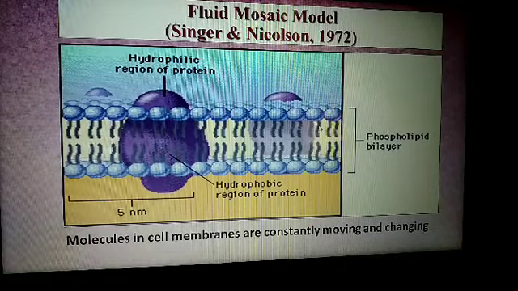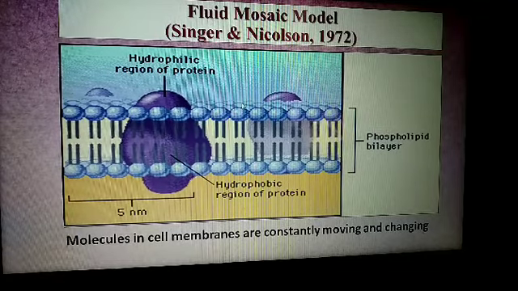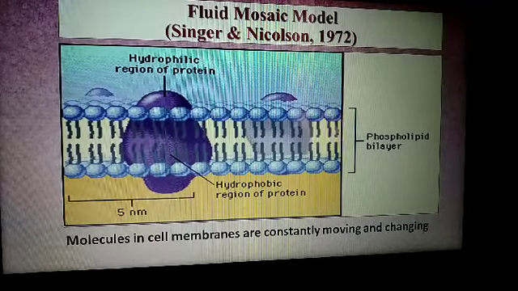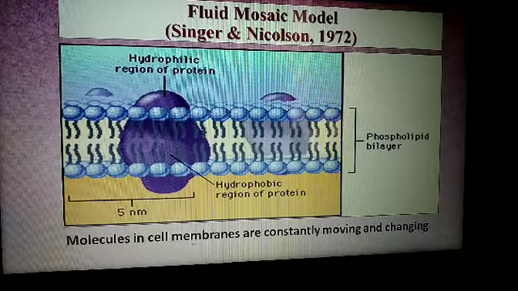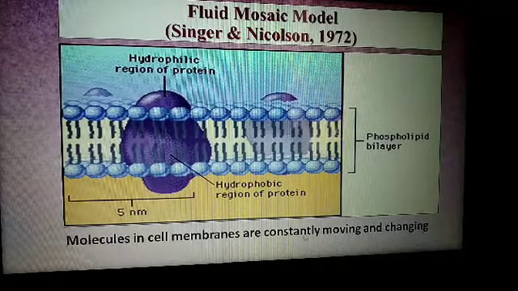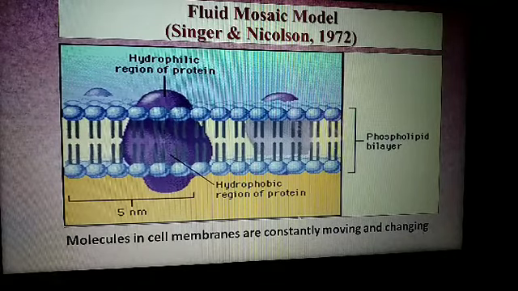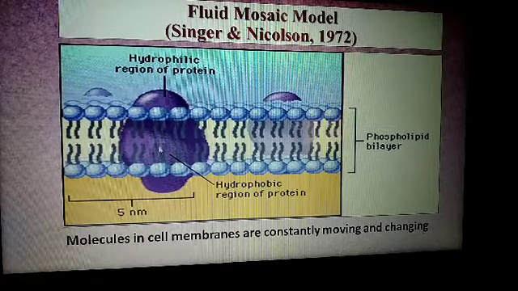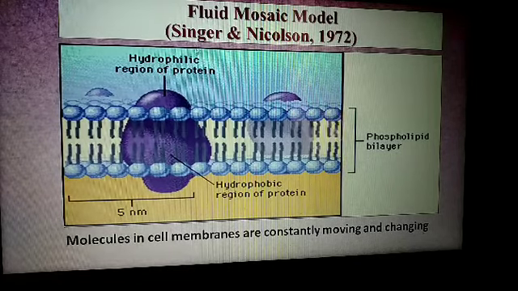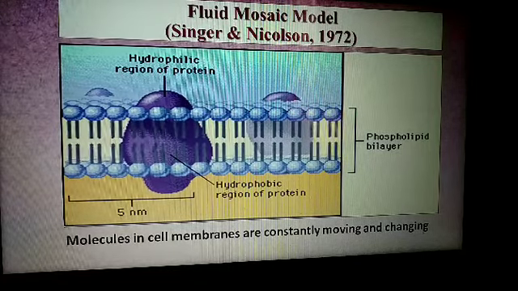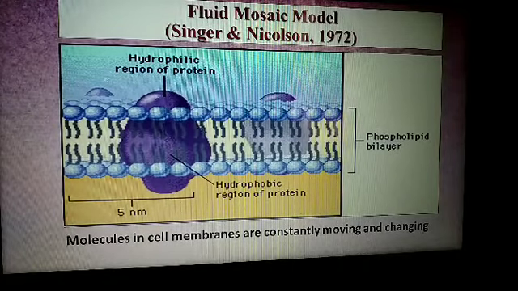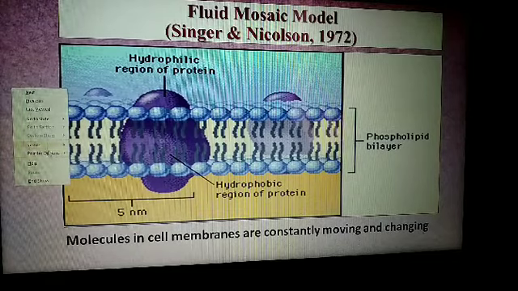According to this model, the cell membrane has a fluidity nature because the molecules in cell membranes are constantly moving and changing their positions, due to which the cell membrane performs its function as fluidity.